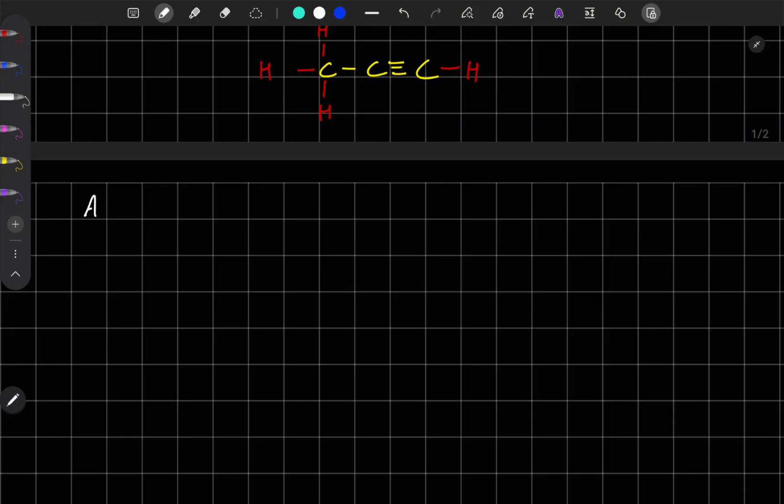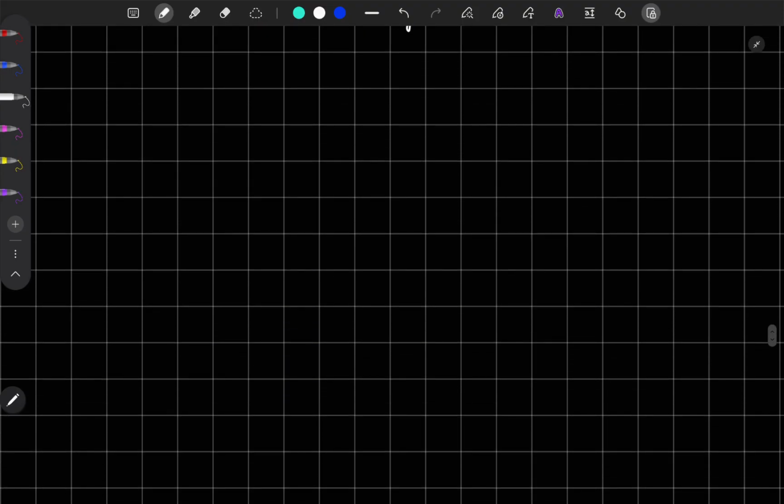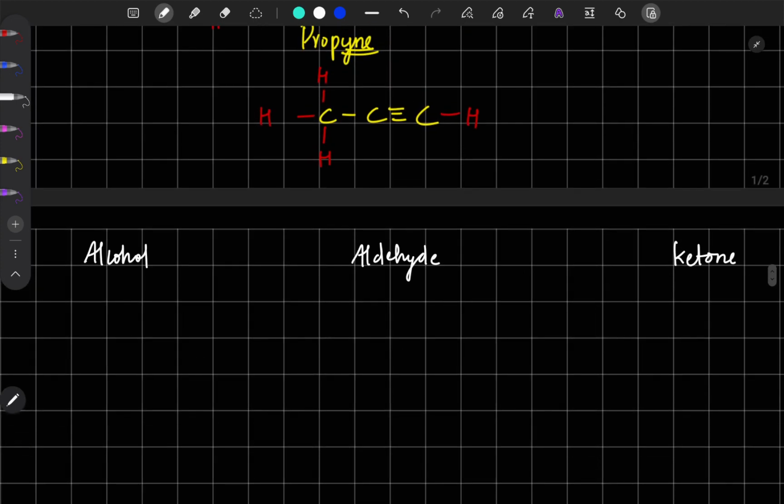We can do for alcohol, we can do for aldehyde, we can do for ketone, then which is remaining, we can do for halo compounds, that means halogen substituted compounds. We can do for carboxylic acid. Okay, all these we can try.